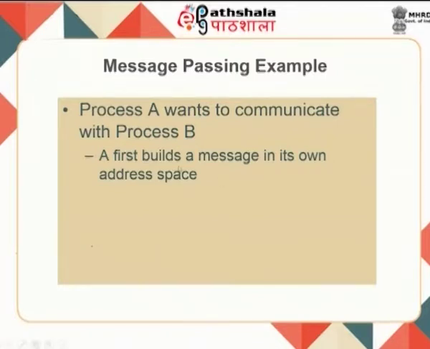So, process A builds this message along with the data that it wants to pass in its own address space in the machine where it is running, and then it executes a system call to tell the operating system that I have a message, and this message has to be sent to the other machine or other process.